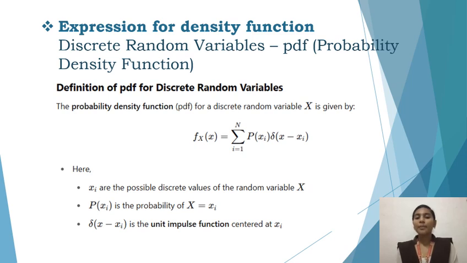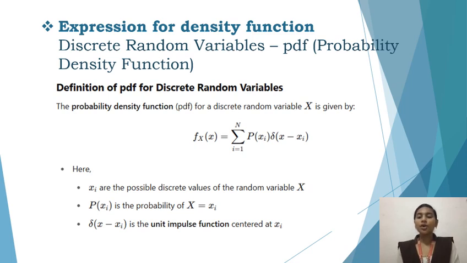So if we compare discrete random variables for capital PDF to small PDF, in capital PDF we use unit step function. In density function for discrete random variables, we use delta function. So here xi are the probable discrete values of the random variable x.